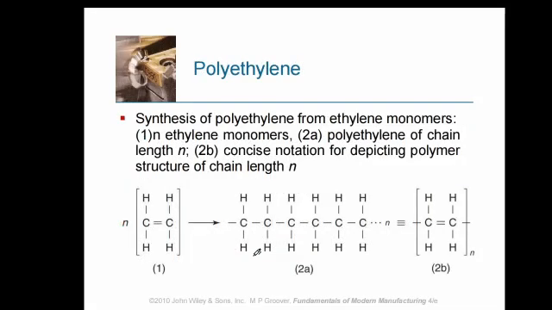An example is given here of the formation of polyethylene. As you can see, it is formed using ethylene, C2H4, which has a double bond here. So if you combine many ethylene molecules, you can form a polymer, which is polyethylene here, where the double bonds have been saturated now into single bonds.